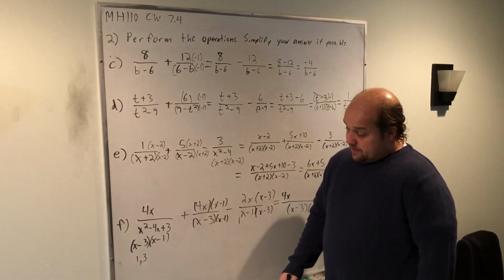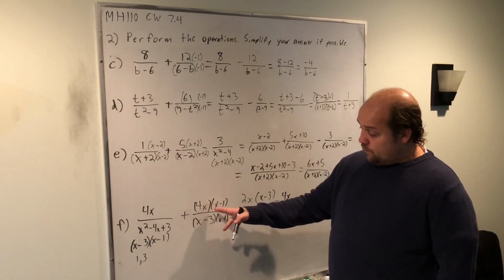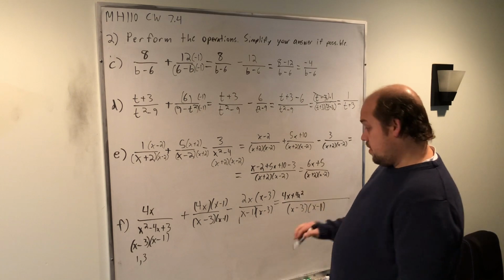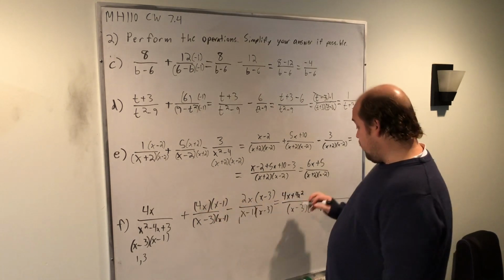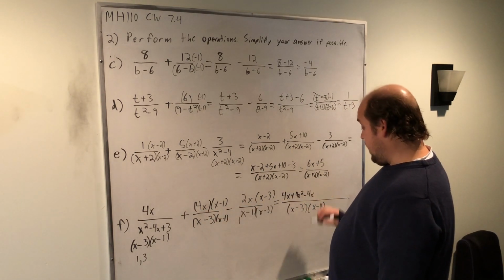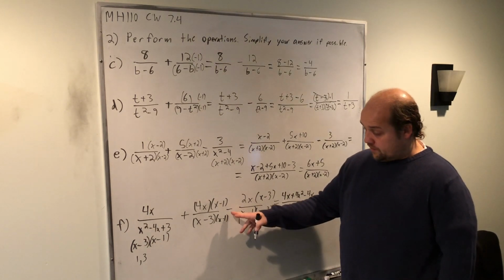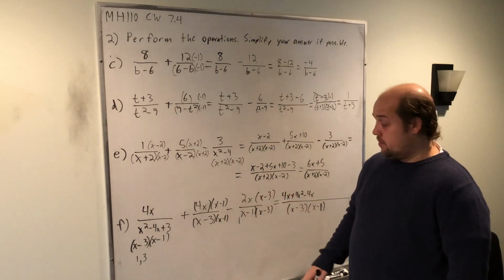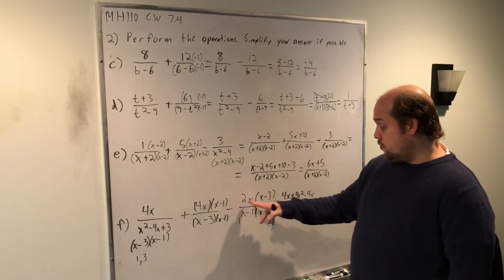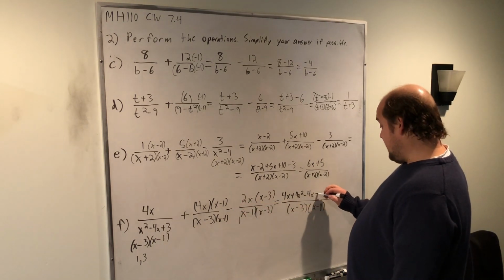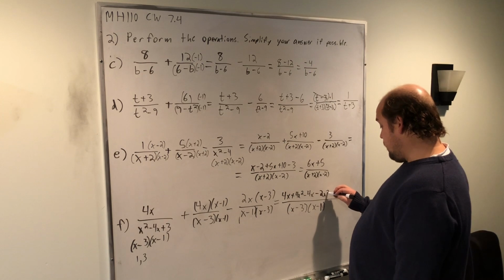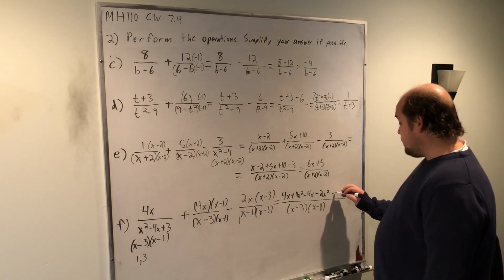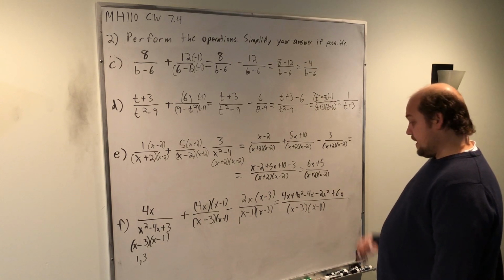When I deal with the top of this fraction, 4x times x gives me 4x squared. 4x times a negative 1 gives me negative 4x. When I deal with this fraction, that negative and that 2x have to be multiplied by each thing in the parentheses. So negative 2x times x gives me negative 2x squared. Negative 2x times negative 3 gives me positive 6x.